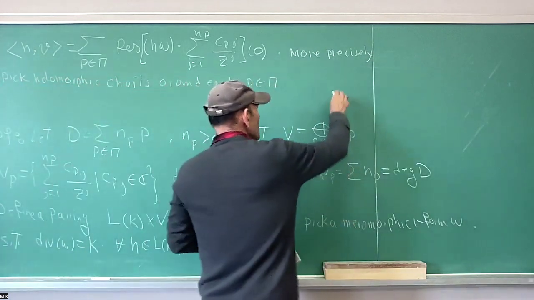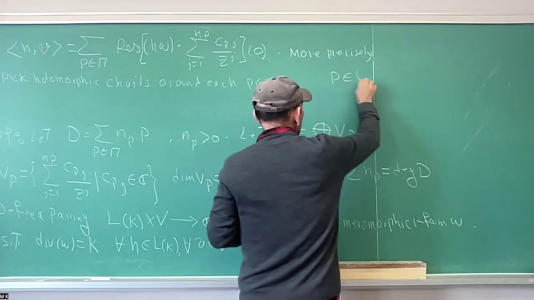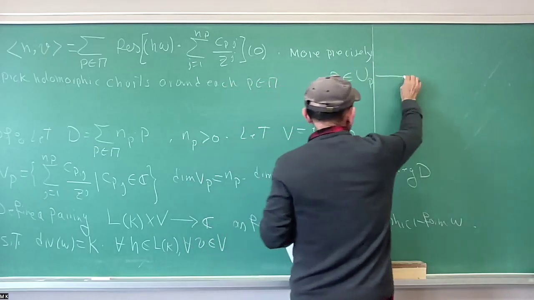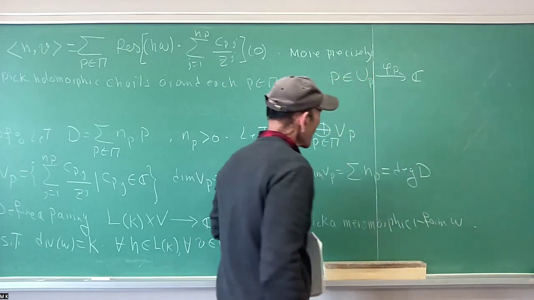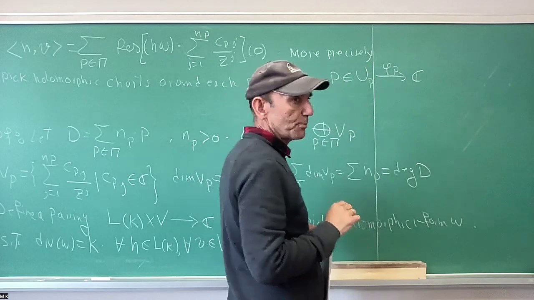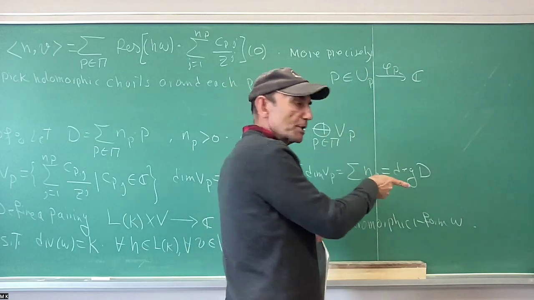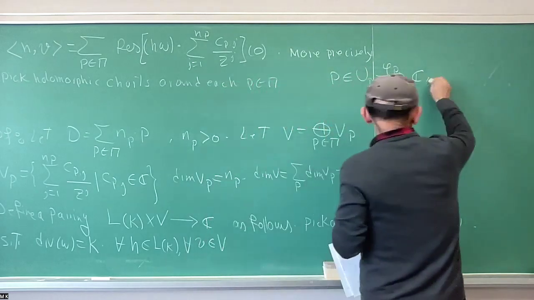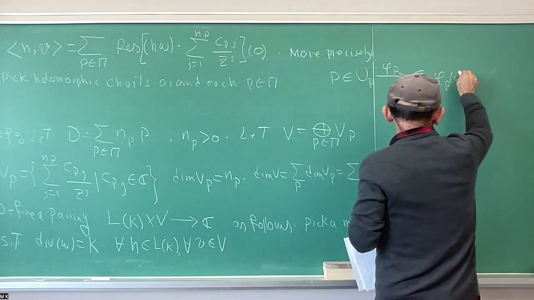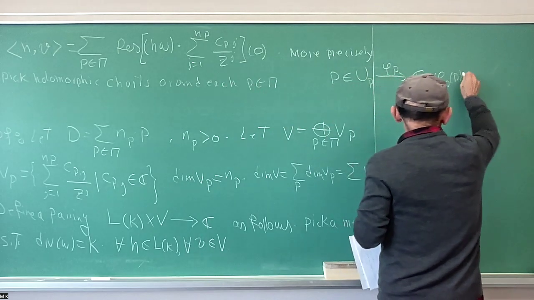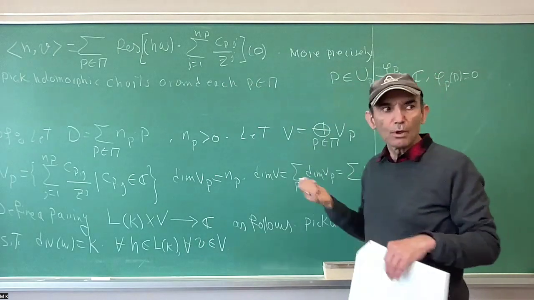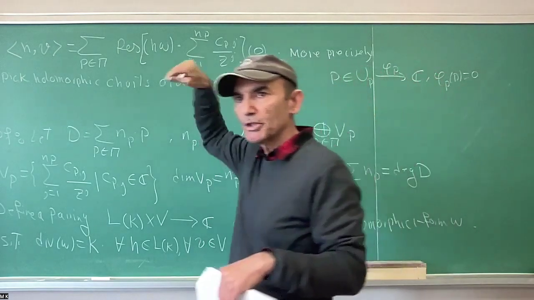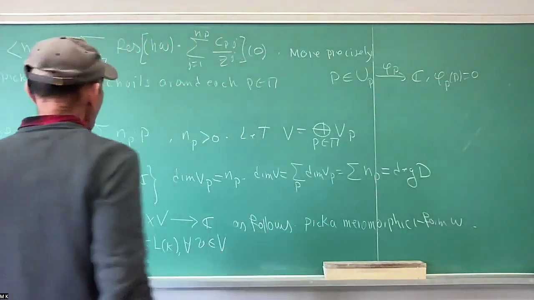So we choose p belonging to this set, and then there is a map phi_p into C. This holomorphic chart phi_p is such that it sends p to 0, so phi_p of p is equal to 0. We can always pick a chart that sends the point to 0.